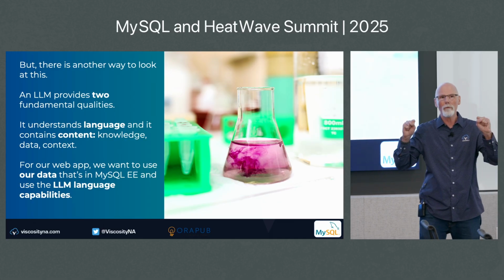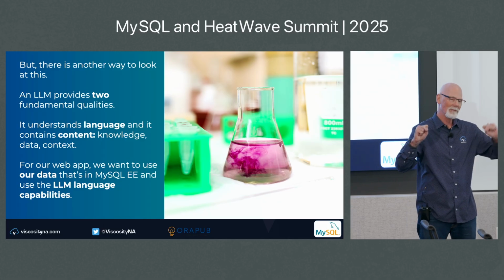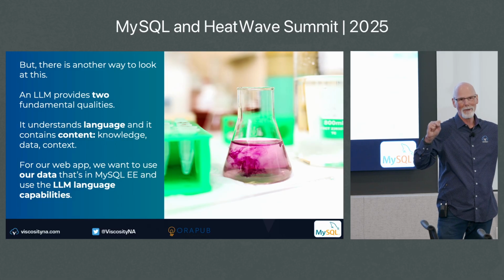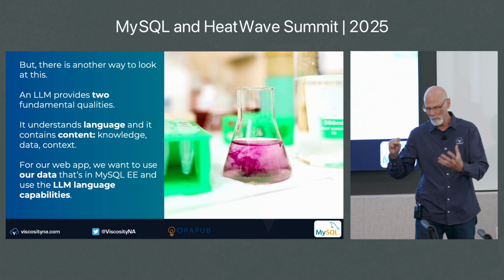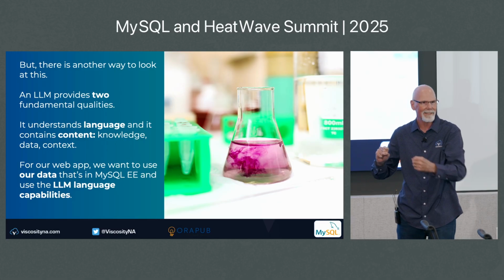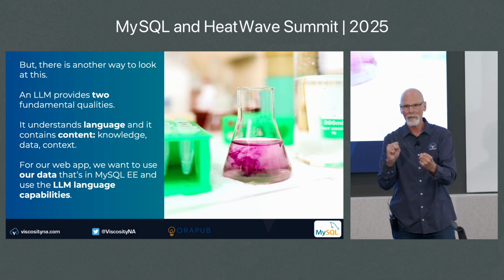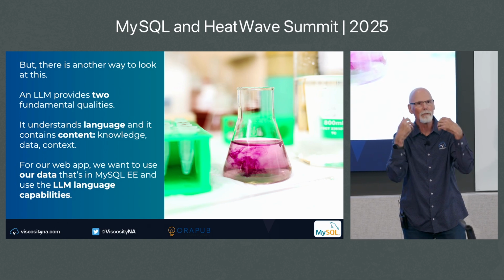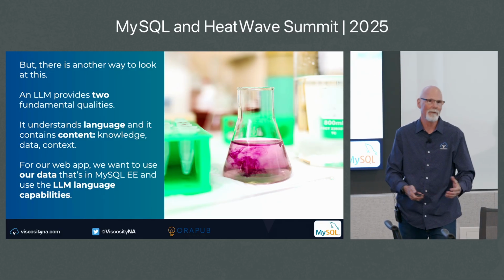What I want to do for a RAG app is split that. I want to take the knowledge it has and just throw it away. Actually, it's a distraction to me usually. What I want to do is bring in my context, my document, my knowledge, and leverage the LLM's language capabilities, put those together to get a really good natural language response. And that's really the essence of a RAG application.